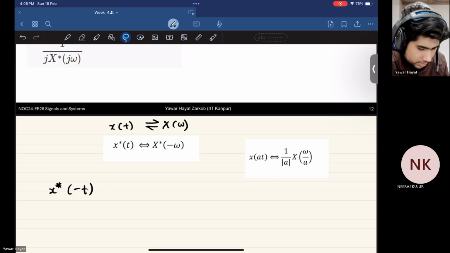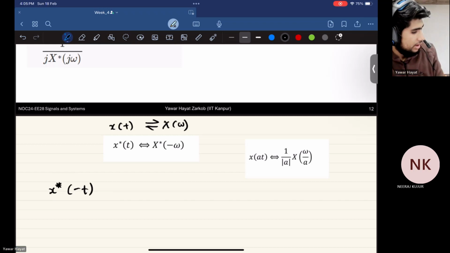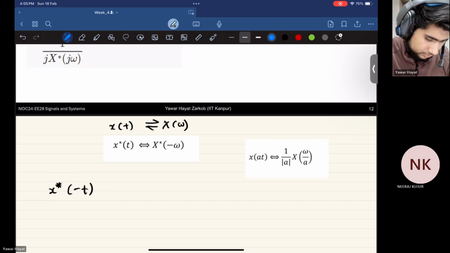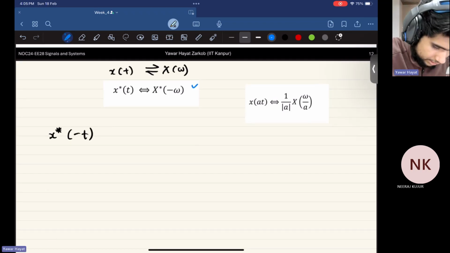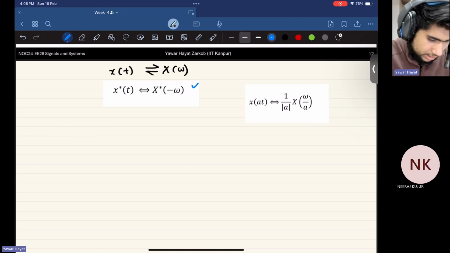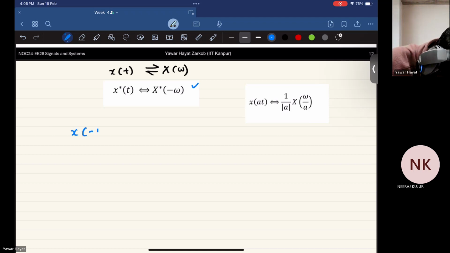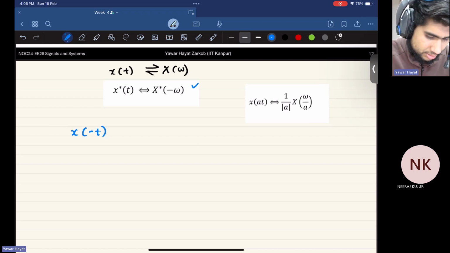Yes, sir. So what should be this? We know that this particular thing holds good, right? What about x of minus t? Which property should I use for x of minus t?